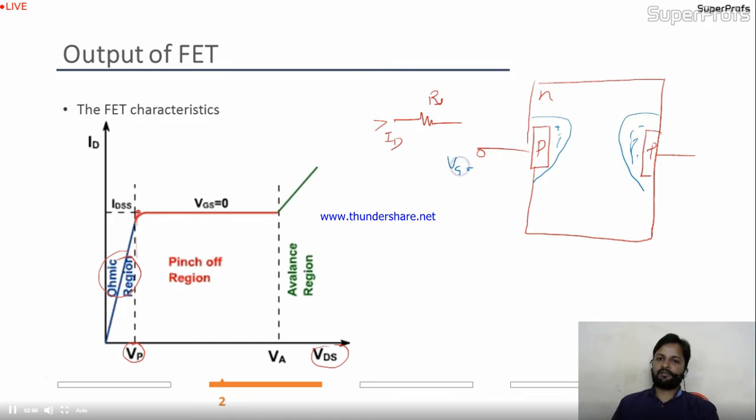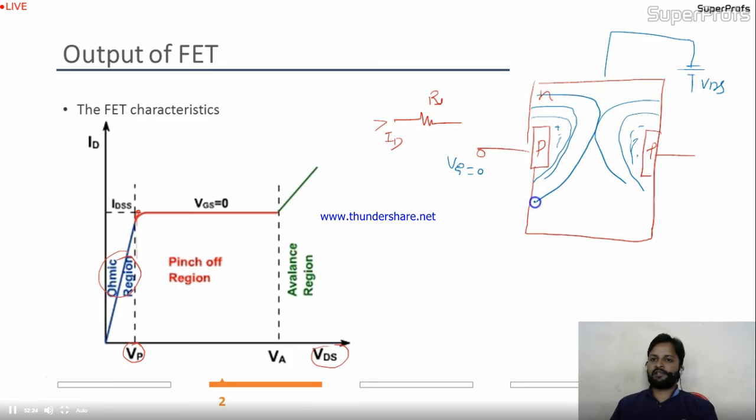If VGS is equal to 0, no problem. But you are increasing the value of VDS, which means you are making the negative bias more. This PN junction, you are biasing negatively more and more. So at some time, these depletion layers will touch each other or come very close to each other. This point we call VP, the pinch-off point or pinch-off voltage.